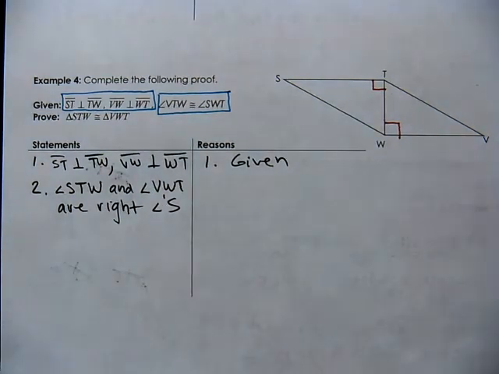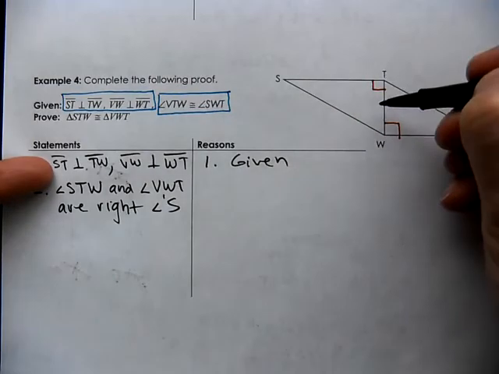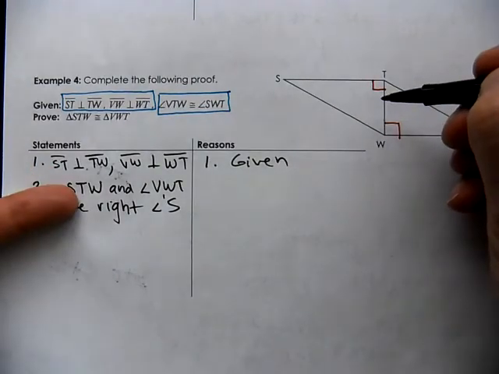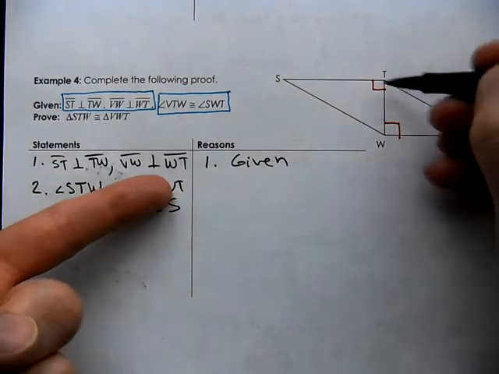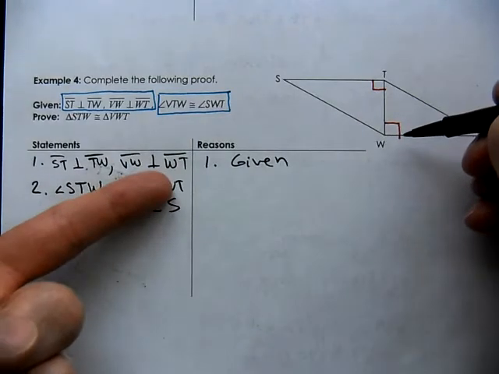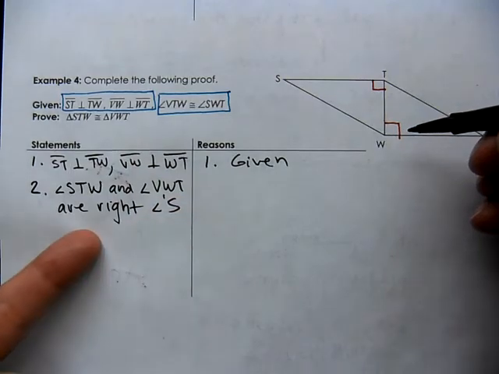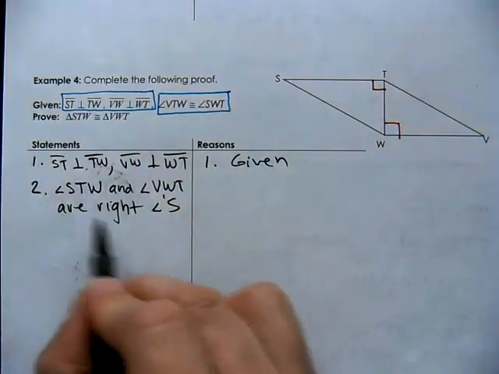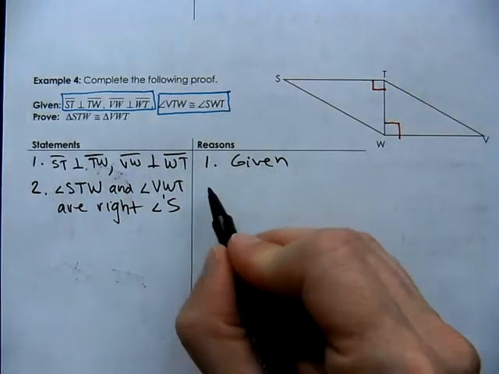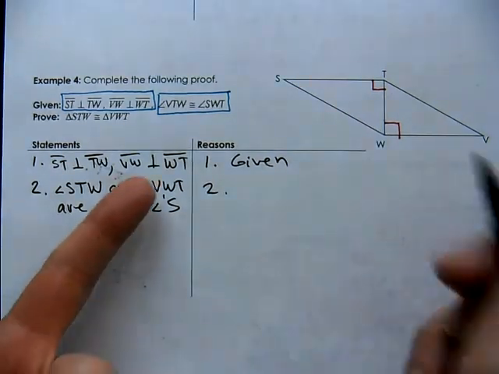And if we only did one at a time, we would say these perpendicular segments form a single right angle, and these perpendicular segments form a single right angle. We could split that up on separate lines, and then we'll say that the right angles are congruent in a moment. So think of your if-then statement.